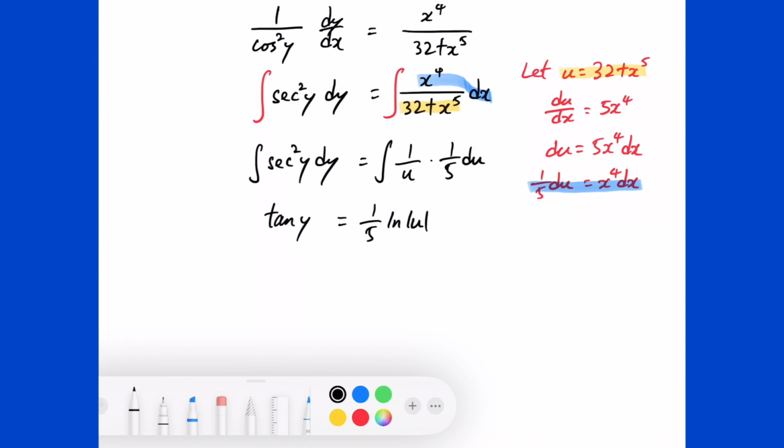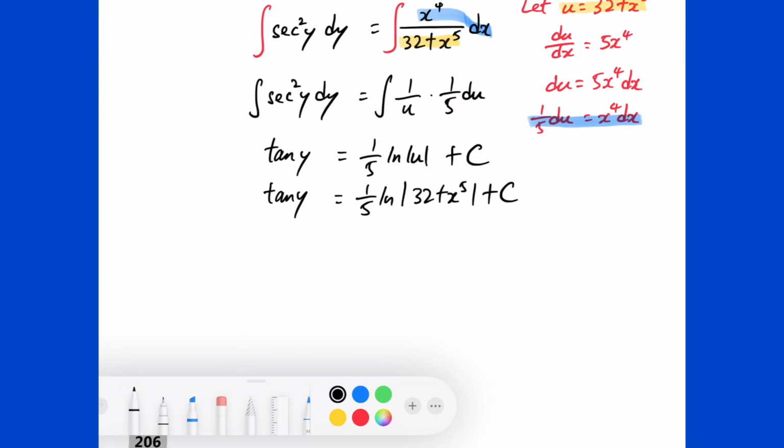Of course, we can put the absolute sign to make sure that the expression inside the natural log must be positive. And don't forget the last term, the arbitrary constant. And as our goal is to find an expression of y in terms of x, we have to replace u by the expression 32 + x^5.